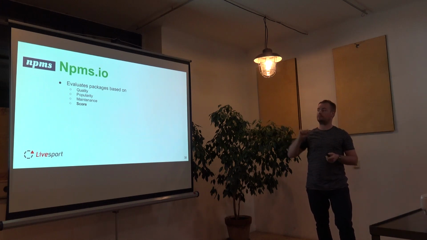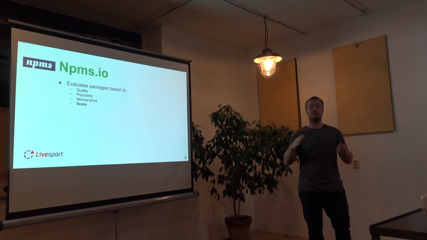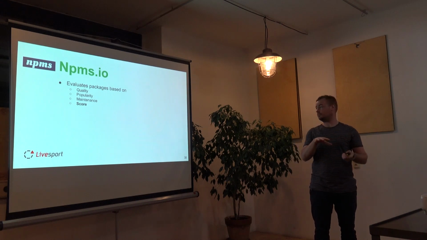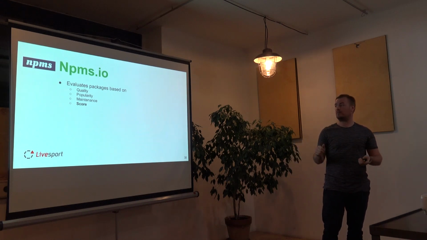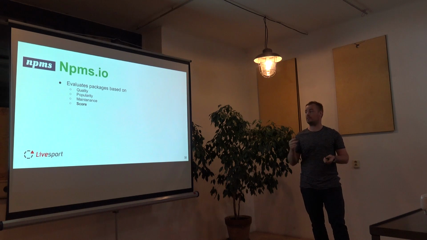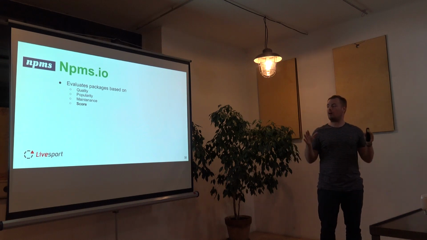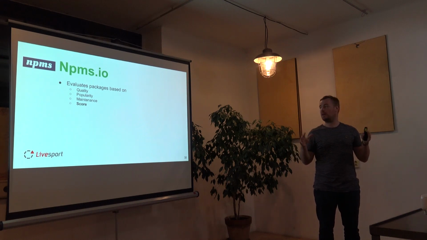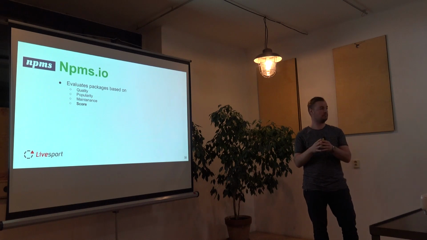So npms.io, it does all these things for you. It evaluates the package based on quality, based on popularity, and based on maintenance. And it puts all these metrics into one final score.